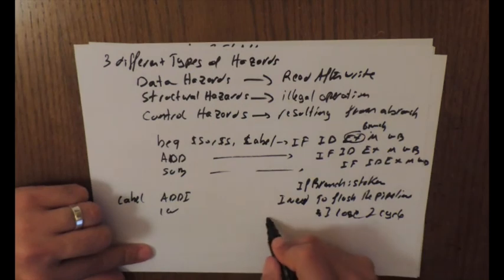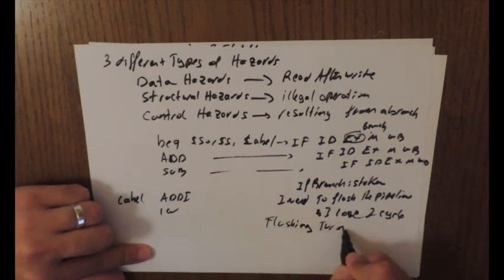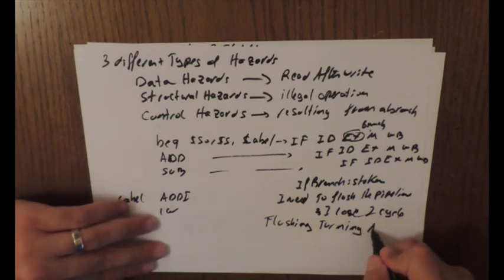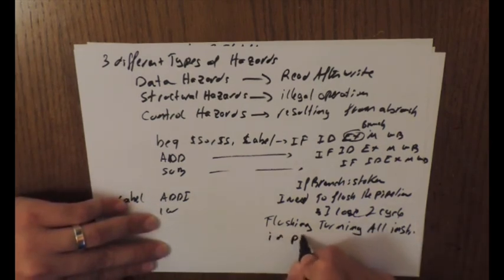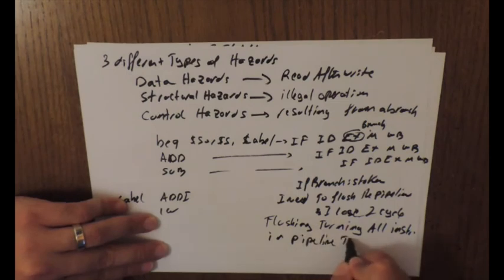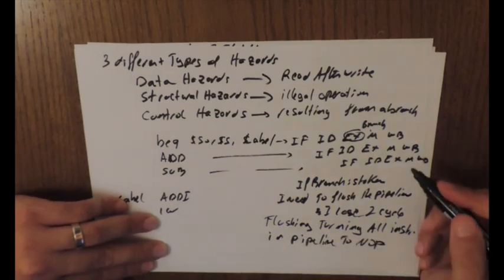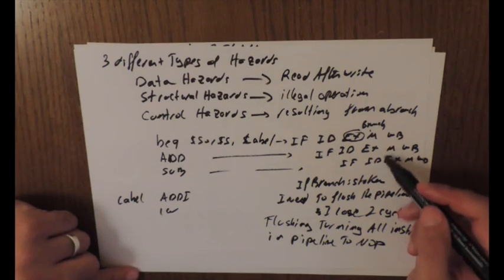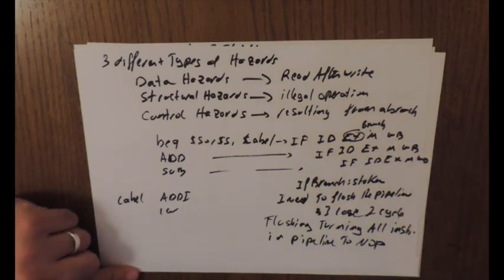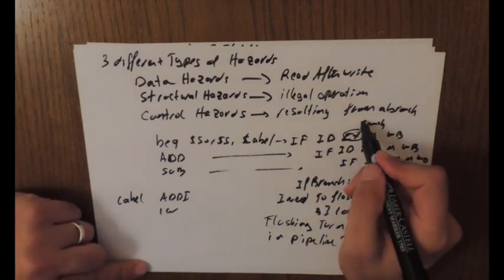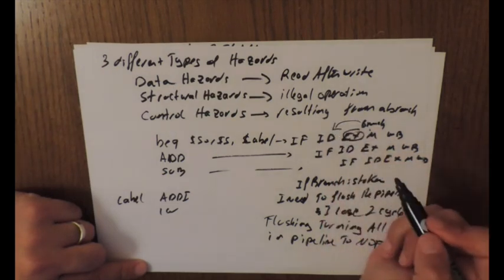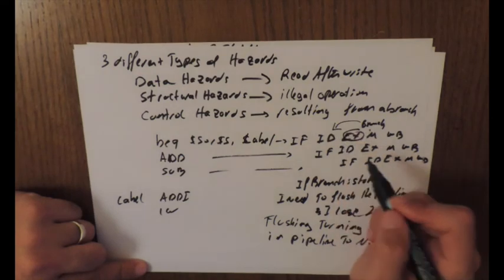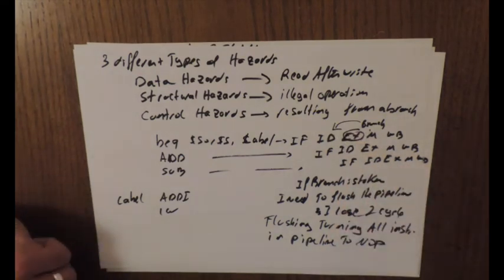So flushing is the act of turning all instructions in the pipeline to no operations. Okay, so I lose 2 instructions. So one method is actually taking the branch instruction and performing it in the ID stage, from the execute to the ID stage. This will save me 1 cycle.